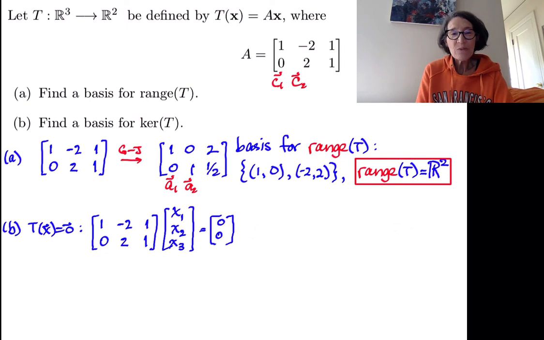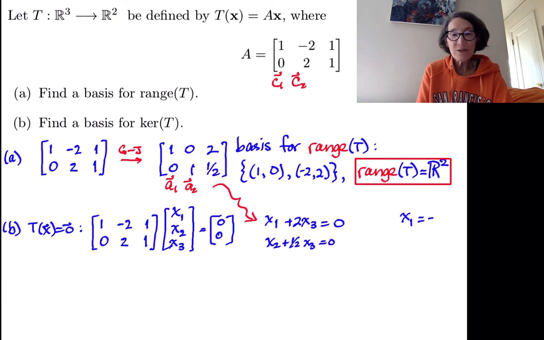So we want to figure out what x1, x2, x3 have to be. Well, we can use the reduced row echelon form of A to get these two equations: x1 plus 2x3 has to be 0, and x2 plus 1/2 x3 has to be 0.